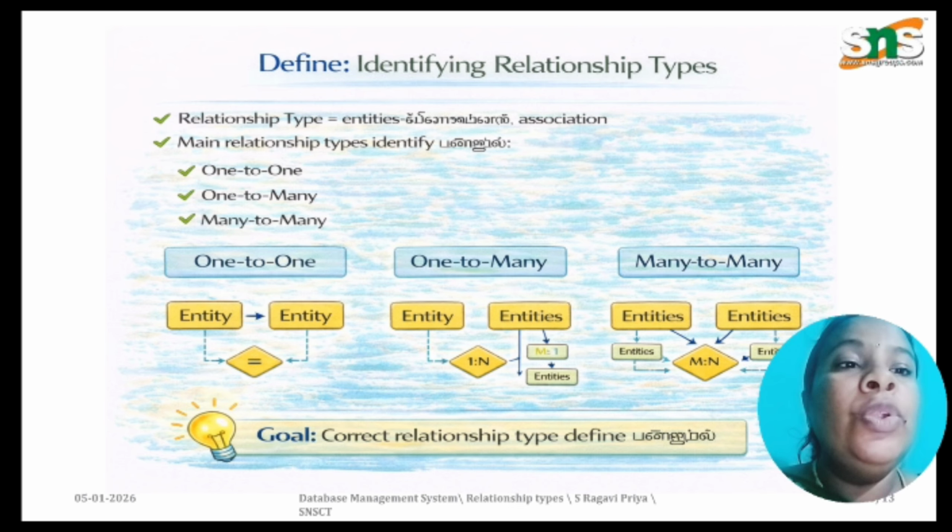So in one to many, there will be one entity which has established a relationship with many kinds of entities. So next, many to many. Different sets of entities can be associated with different types of entities. So this is called a many to many relationship, which is represented as M:N.